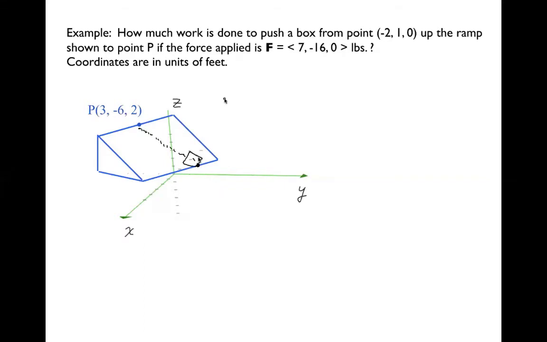Look at this box here. We're going to push it up from that starting point by applying a force of 7, -16, 0. Right? So 7 in the x direction, -16, so something like this.